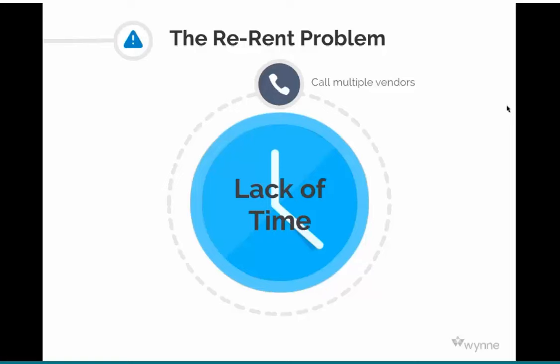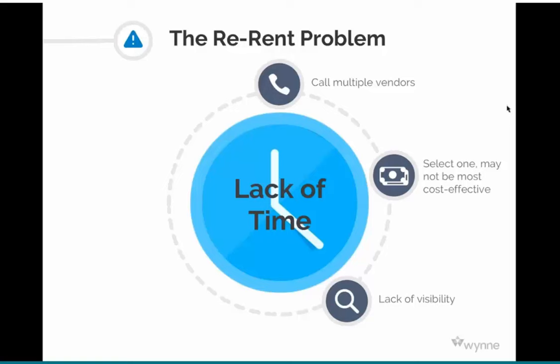But if you don't do it, it could lead to the equipment facility not getting the best price. Something else that we see is that there's a lack of visibility at the job site, and again the equipment facilities struggle to have a real-time view of what items are out on what different job sites.